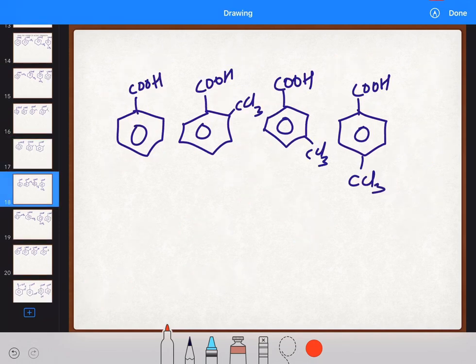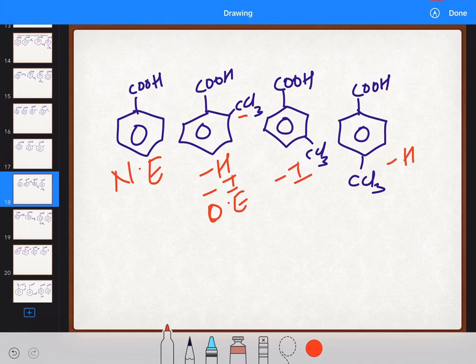Now see this one. What will happen when you apply all the basic effects? What is this? It has no effect. This one has CCl3, which has minus H, minus I, and ortho effect. Now this one has only minus I, this one has minus H, minus I. Correct?